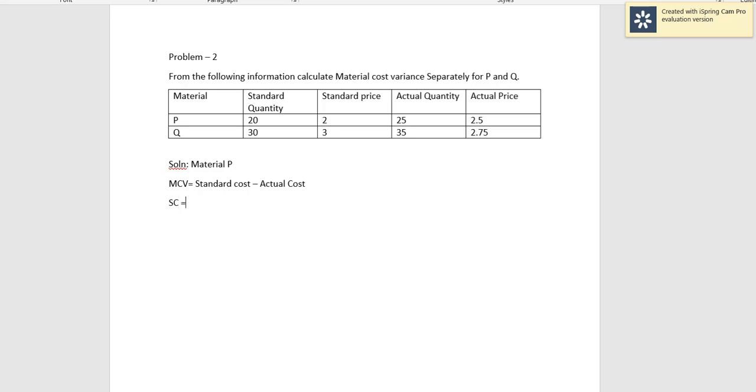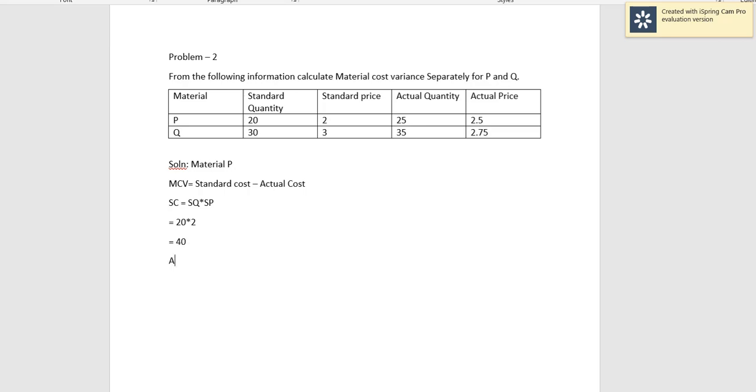Standard cost is equal to standard quantity into standard price. For material P, what is the standard quantity here? That is 20. Write it as 20 into, what is the standard price? That is 2. 20 into 2 will come to 40.